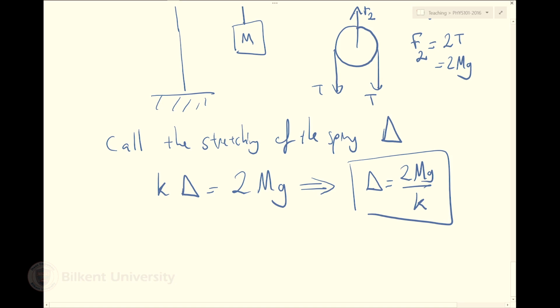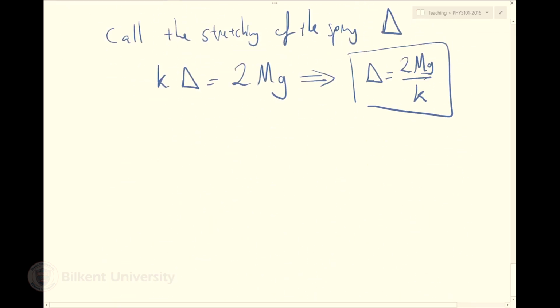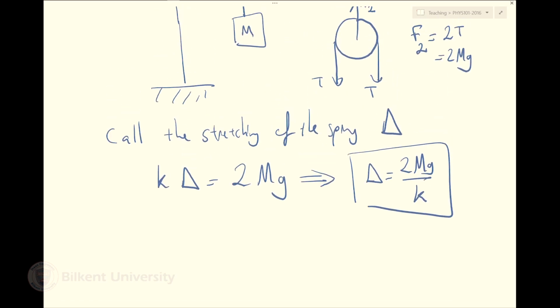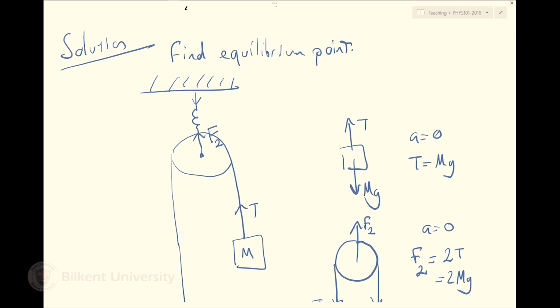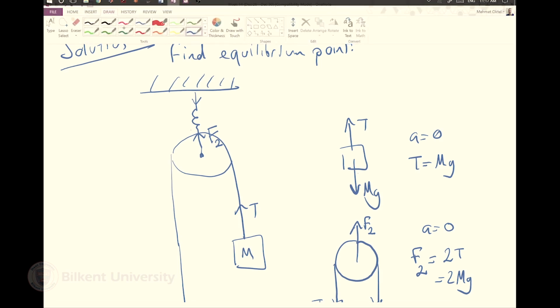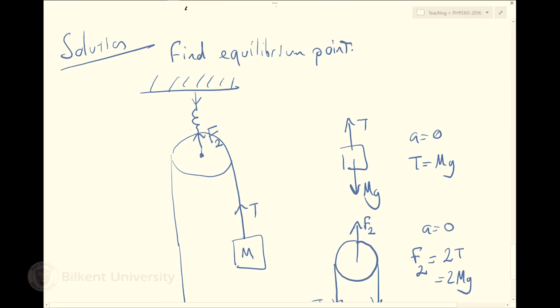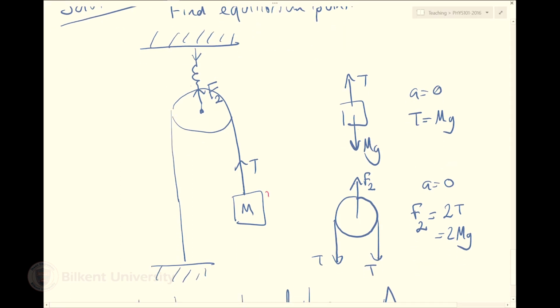Now I need to consider a situation which is not in equilibrium, right? So I need to calculate what happens if I move this mass down by x. I think to be able to move that mass down by x, the pulley also has to move down, right? Why?